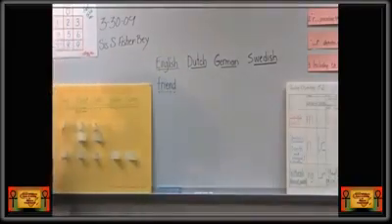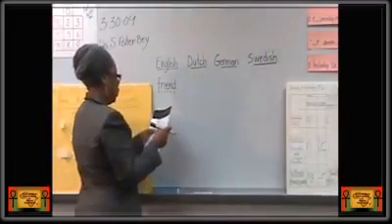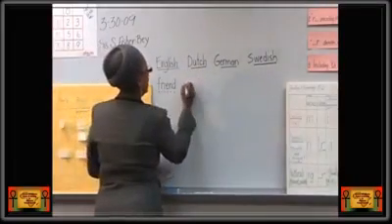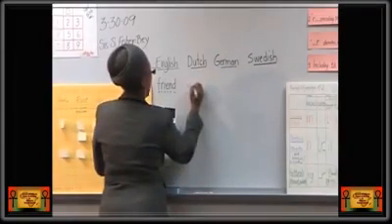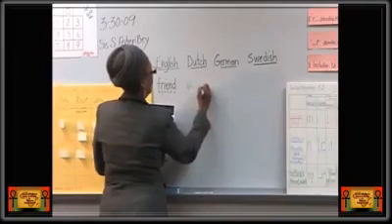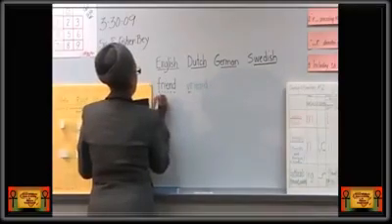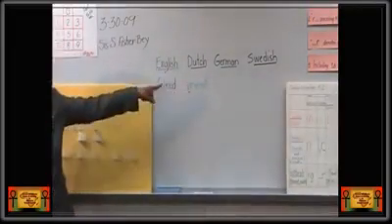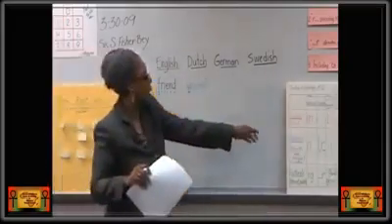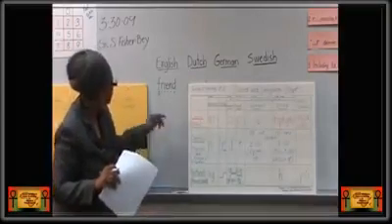That's the word friend. In Dutch, the word friend is spelled V R I E N D. Friend in Dutch. Oh, I'm sorry.